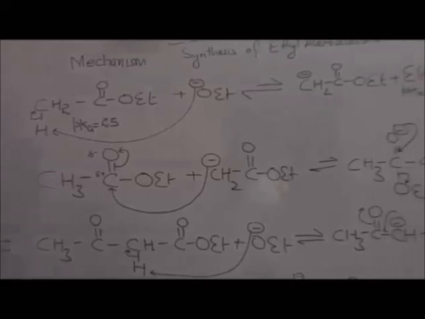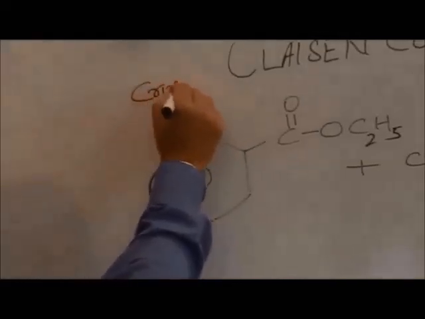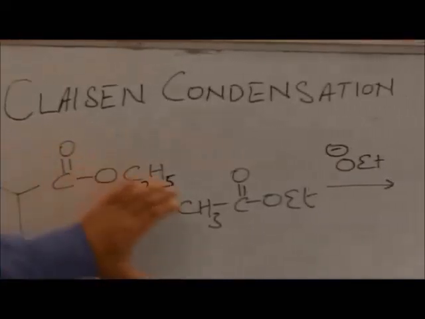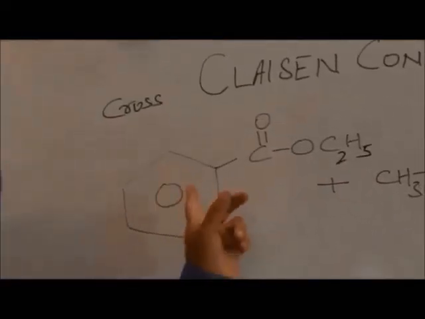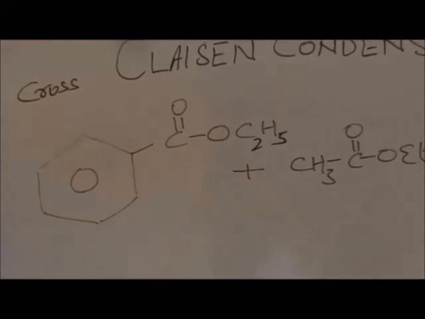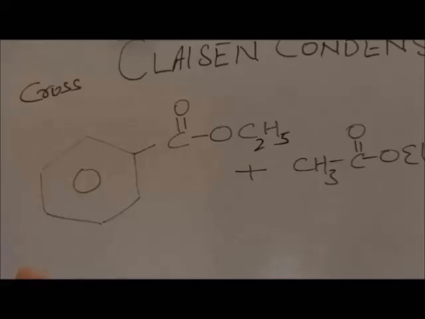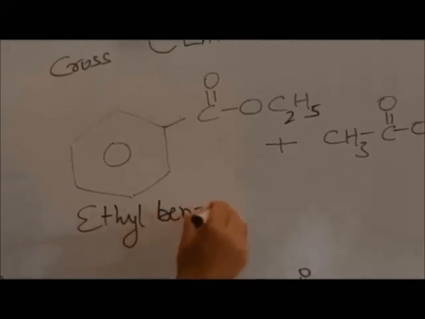We will discuss the cross Claisen condensation reaction. Now we are discussing the cross Claisen condensation. As you can easily see, the reaction is between these two substances. Who will tell the name of this substance? Think of what is the IUPAC name of this substance. Okay, I will tell. This is ethyl benzoate.